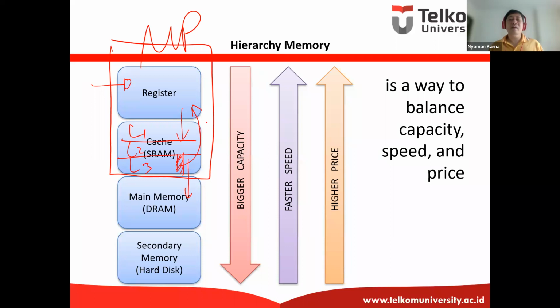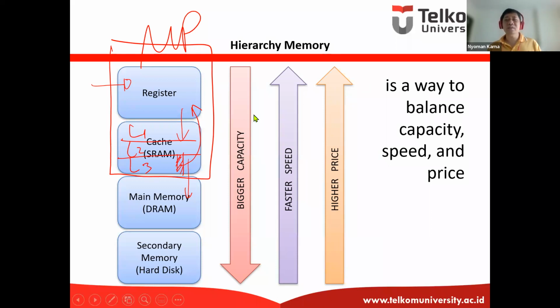Okay. Now, whenever the level 1, level 2, and level 3 caches don't have the data, then we can go down to the main memory. If the main memory doesn't have the data itself, then we can go to the bottom, to the last resort, which is the hard drive. Okay, this is how the memory hierarchy works.